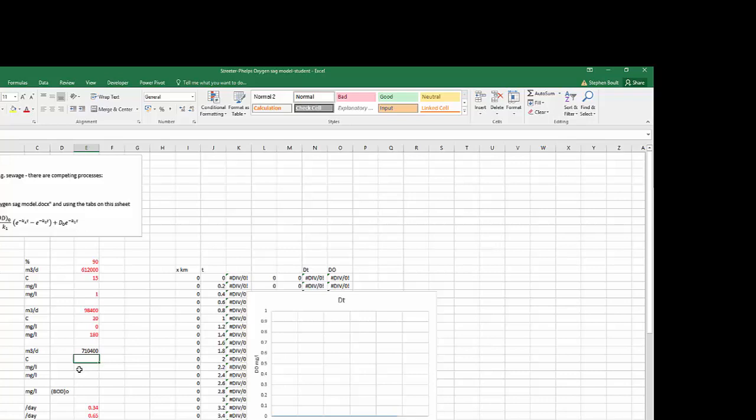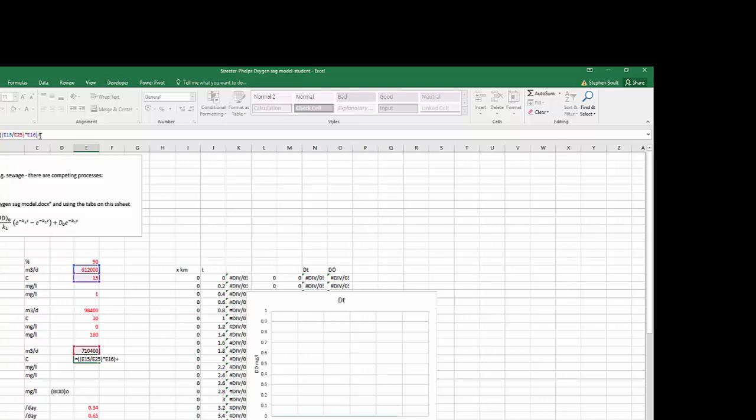Now for us to work out the downstream temperature, we need to weight the effluent temperature and the upstream temperature and then add them together. The weighting is going to be weighted by the discharge. Weight the upstream discharge by dividing the upstream discharge by the downstream discharge, and then we can multiply that by the upstream temperature, and then we can put a bracket around that, and that's our weighted upstream temperature.